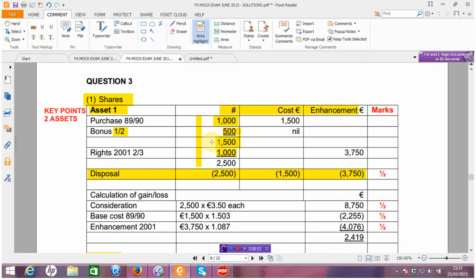So what happens then is that with this rights issue only, because rights are paid for, obviously bonus is free, we're going to populate this enhancement column, and that's just with the value of the rights. In other words, the number of shares and the relevant price. Quite easy to do, just a little bit of multiplication there.